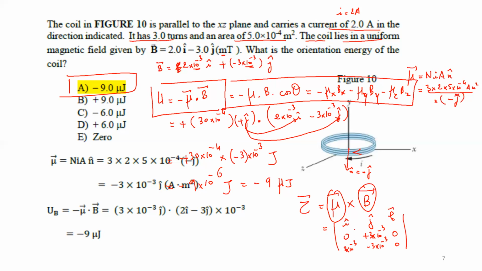And you know that, of course, what my torque wants to do is align the normal vector in the direction of the magnetic field. You know that already, as we discussed in class. So you can calculate the torque. Okay, same problem. Get me the torque acting on my coil.